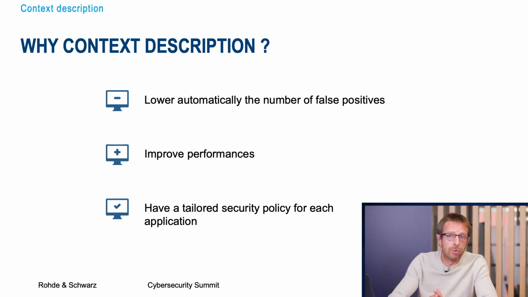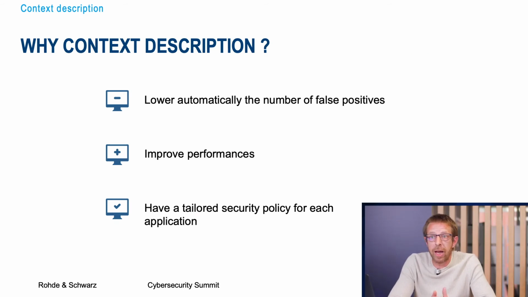So why context description? It's mainly to give some work to the developer, but also to decrease the number of false positives that we have to deal with when we want to push a new application in production. Because with this DevSecOps approach, we can treat these exceptions during the build phase before being in production.